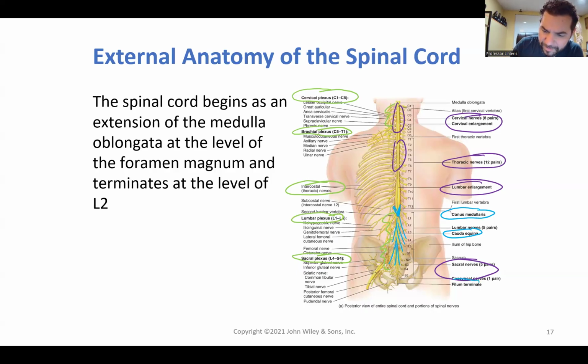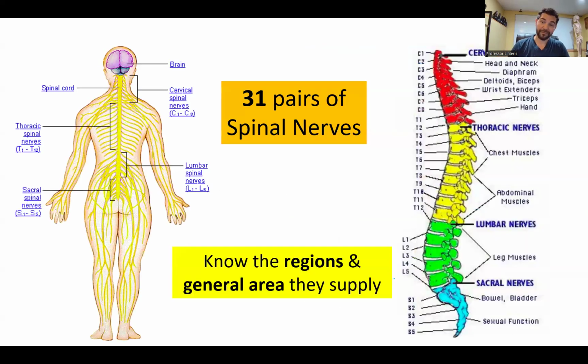And you have a filum terminale, which anchors the base down here at the end. Those are just some accessory structures that we like to highlight, as well as the generalized regions of the spinal cord and the plexus branching off, and now the nerves that branch off those plexus, right?